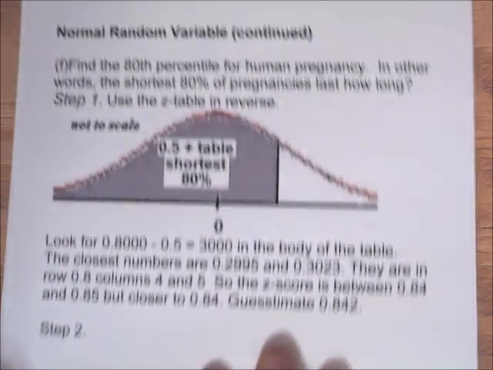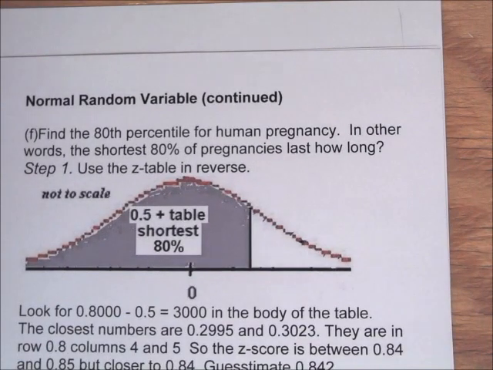The 80th percentile. So we've had several ways of computing percentiles. We had a formula for doing that. We can also use the z-table. If it's a bell-shaped graph, we can use the z-table to find the percentiles.